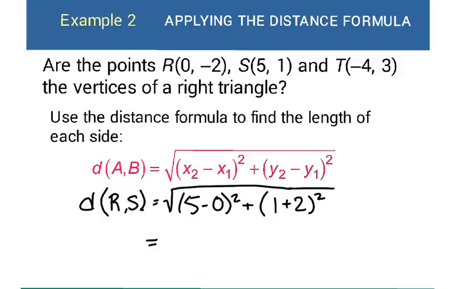That ends up being 25 plus 9, which equals the square root of 34. So there's the distance between R and S.